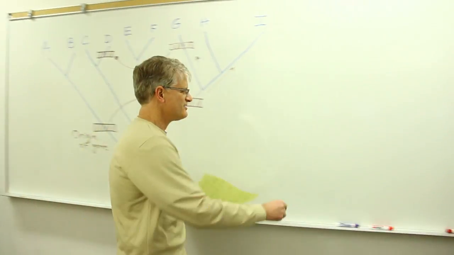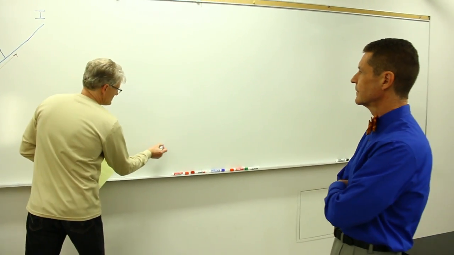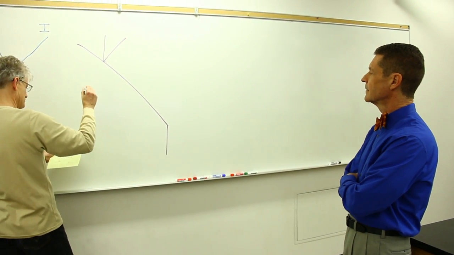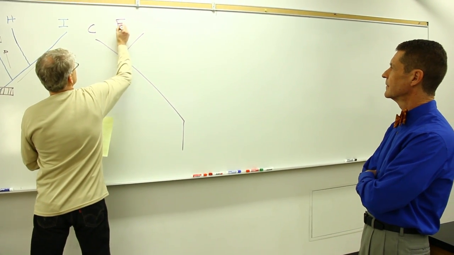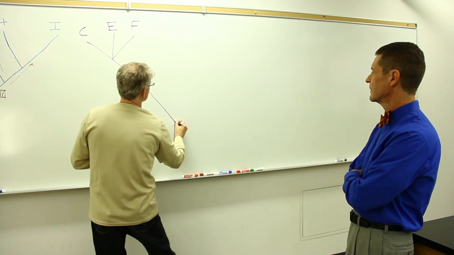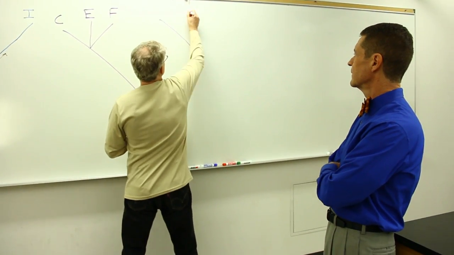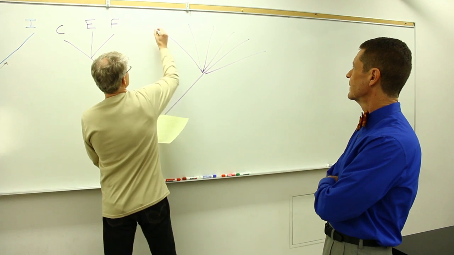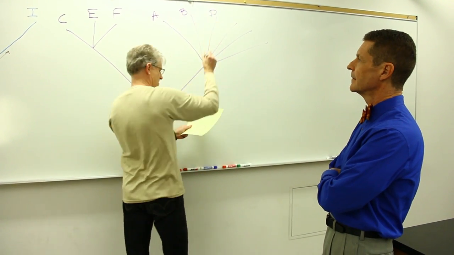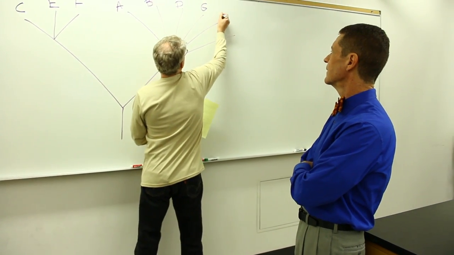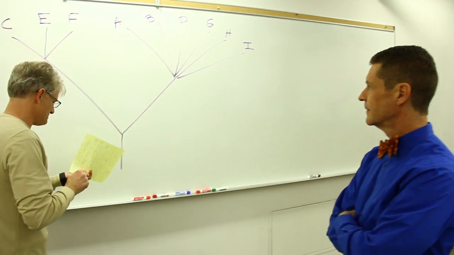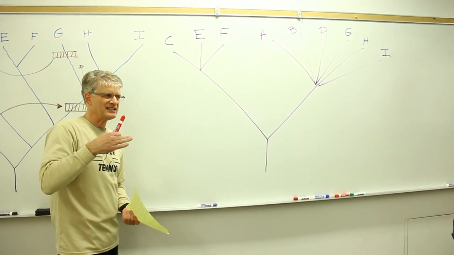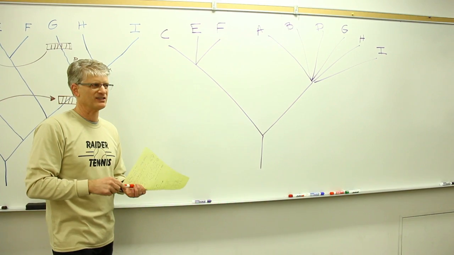Good start. I thought the phylogeny should have branched this way, and then drew C, E, and F. And then I drew it this way, and then had 1, 2, 3, 4, 5, 6 of these: A, B, D, G, H, I. And my criteria were pretty simple, similar to what we did in the primate lab this week, like having a tail or not having a tail, having a gene or not having this unique gene.